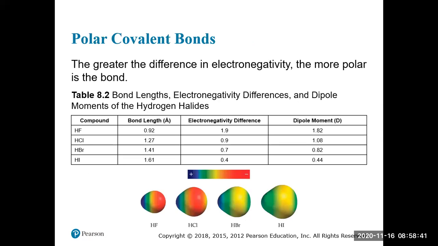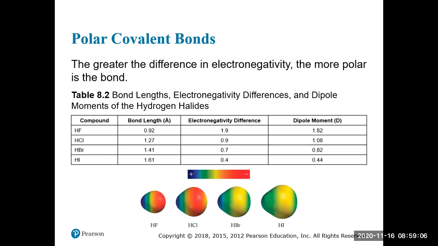So the greater the difference in electronegativity, going back to that table and seeing those values, the bigger the difference in those values, the more polar the bond. Here once again, we have some examples with hydrogen looking at those halogens, fluorine, chlorine, bromine, iodine.